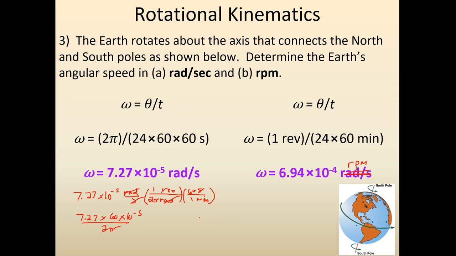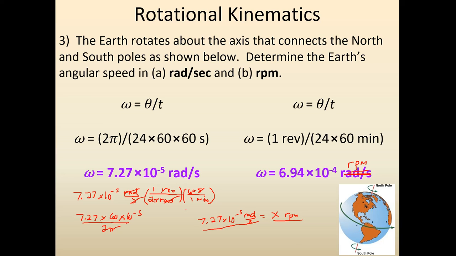You could have also done some sort of proportion. So if you wanted to do a proportion, it could have looked something like this. This radians per second equals X revolutions per minute. Normally you don't put units on variables like an unknown X, but I'm putting it here just for reference.